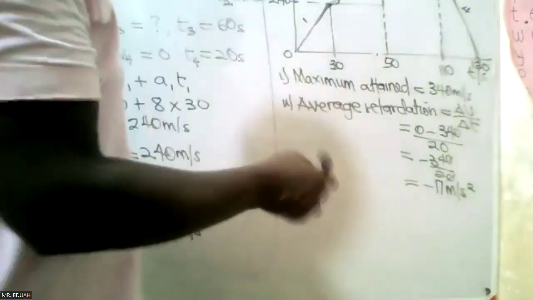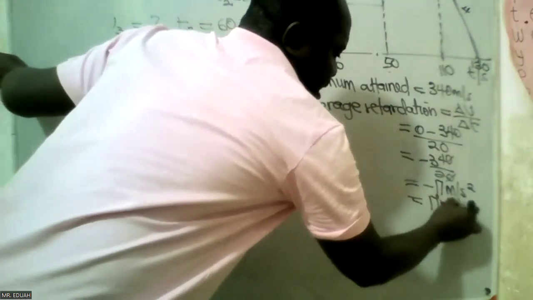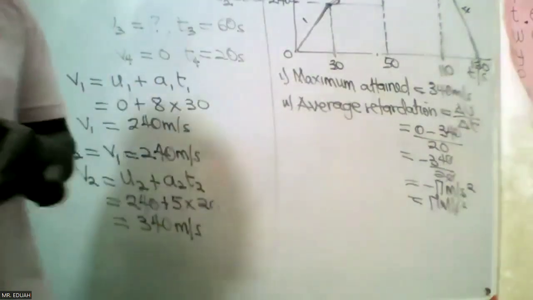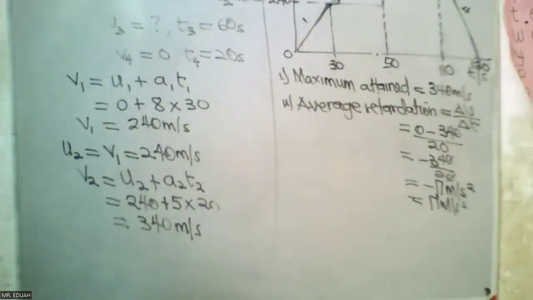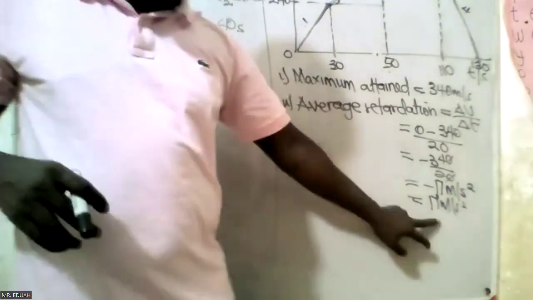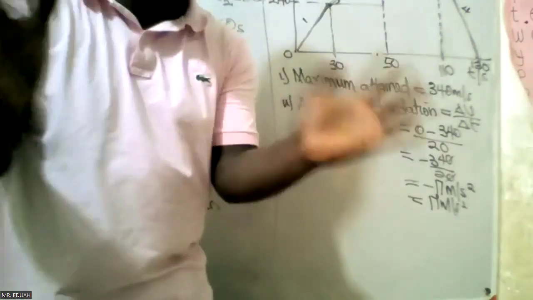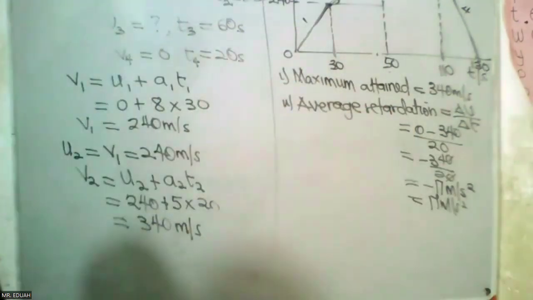So the average retardation is 17 meters per second squared. In fact, if you write negative, you are not wrong because a retardation or deceleration is negative. But if you write 17, then you are giving the magnitude, the absolute value without the negative.